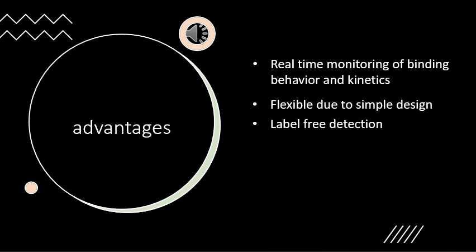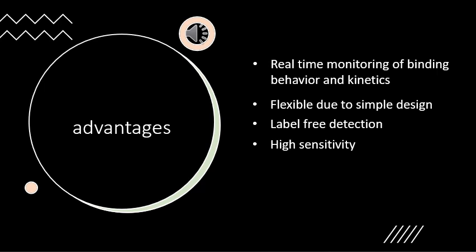Another big advantage is that this technique has a high sensitivity. This is due to the electric field produced by the plasmons only having a range of around 300 nanometers. As this field is so localized, changes to the refractive index within this range have a large impact, meaning even small changes are detected.